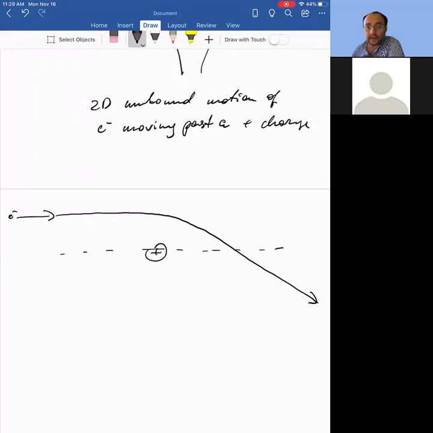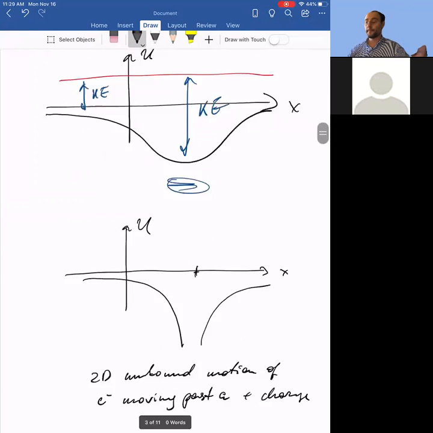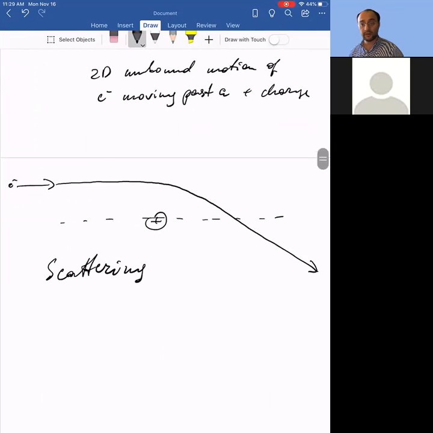And this is a very typical scattering situation. This is scattering. Okay. So if the energy of the electron is too great, if it has enough kinetic energy, it will be deflected by the positive charge, but will not be captured by it. So that's the scattering.